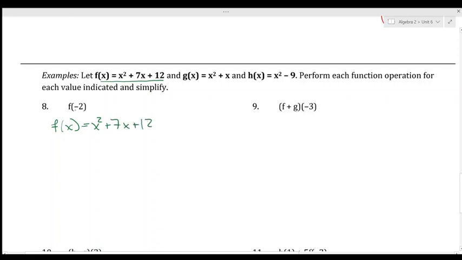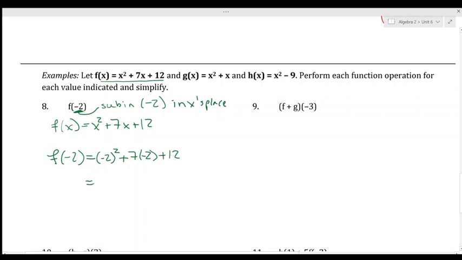Now this means we sub in negative 2, and remember to put it around parentheses, in x's place. So everywhere we see an x, we need to put in parentheses negative 2. So f of negative 2 is equal to negative 2 squared plus 7 times negative 2 plus 12.